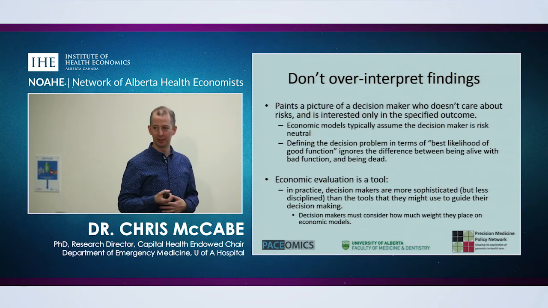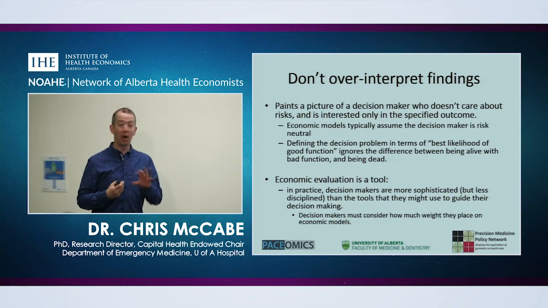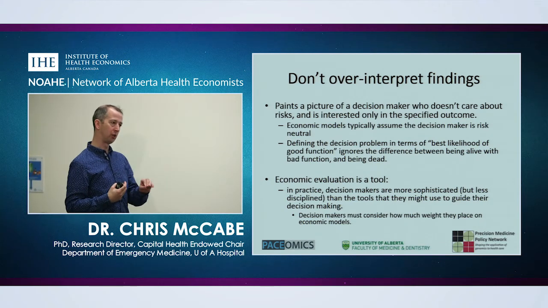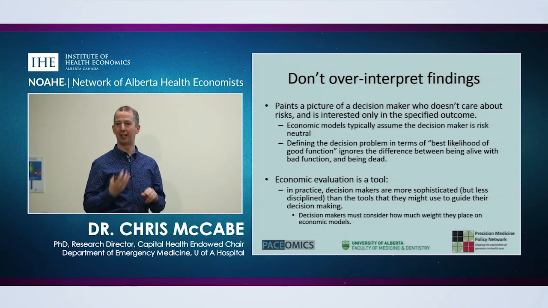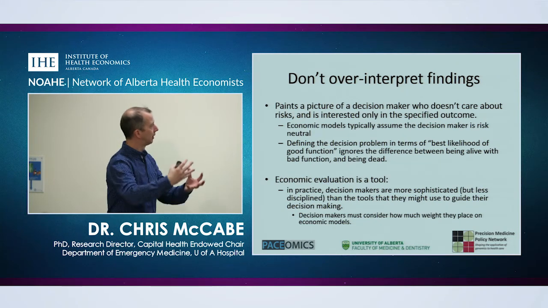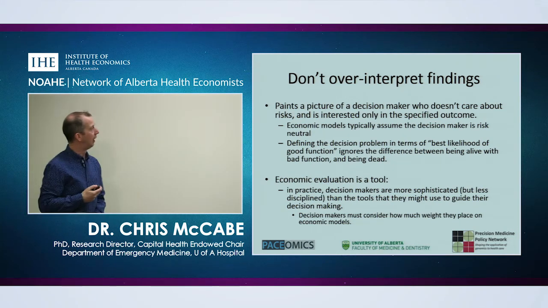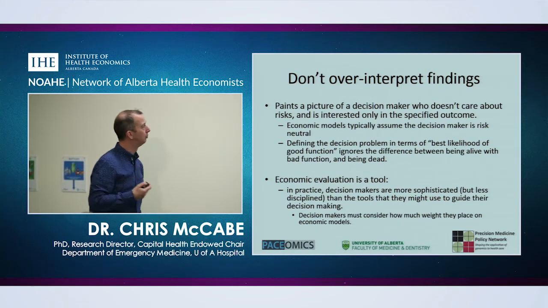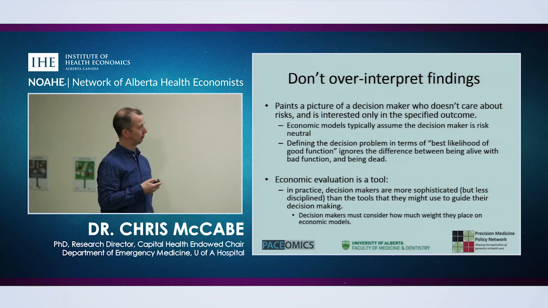We know that in reality, decision makers are and should be more cautious about technologies that have high levels of risk associated with them. And there are mechanisms for analysing that quantitatively, but in the core modelling approach, they tend to assume a decision maker is risk neutral.